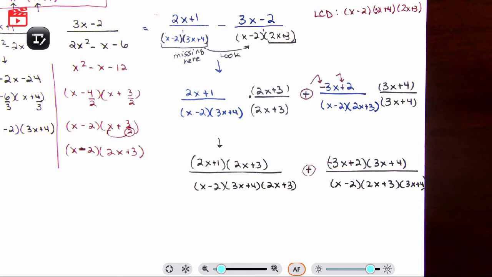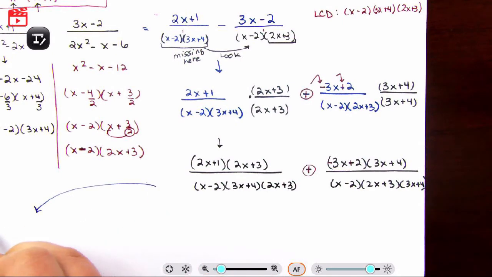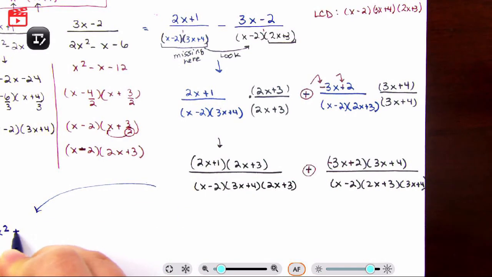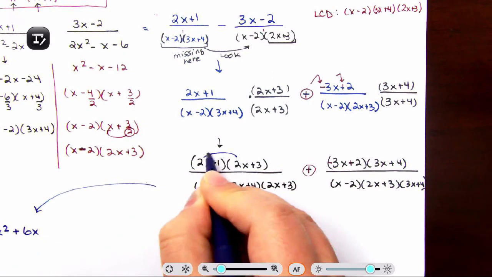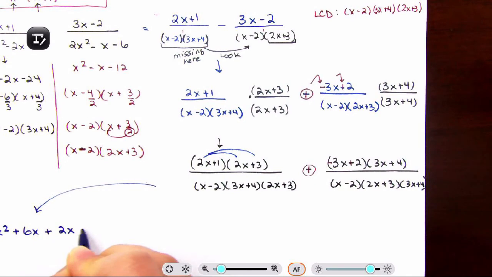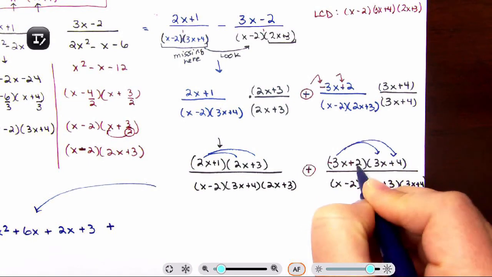So let's go ahead and multiply everything out, expand everything out. I'm doing FOIL in my head. So I have, what is that? 4x squared. 2x plus 3 is 6x. I have 1 times 2x, that is 2x, and 1 times 3, that is 3. I'm going to add that, and now I'm distributing or foiling out these terms.